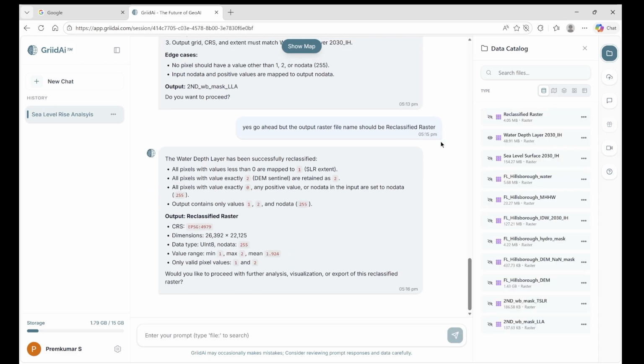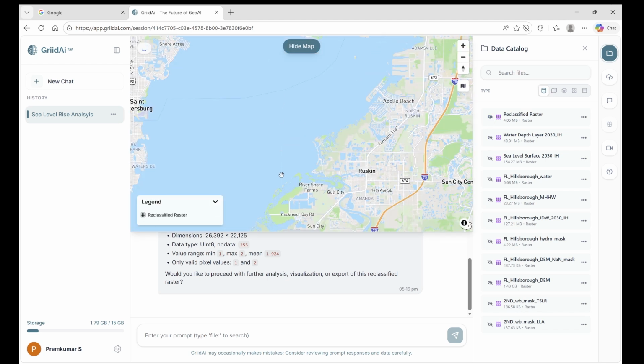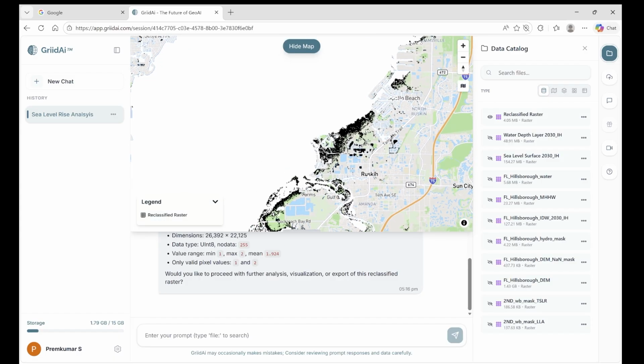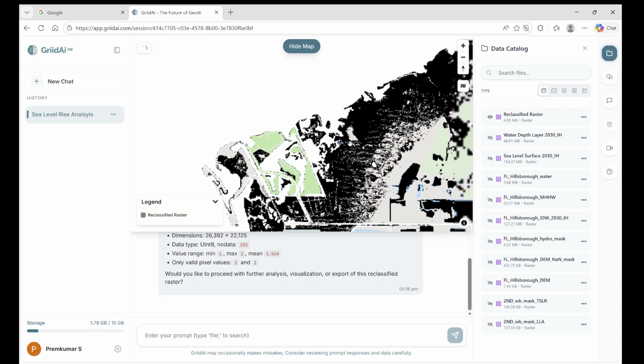Now even the reclassified raster is generated. Now we can go and see the reclassified raster also. So see, now the raster will have only the values of either 2 or 1.